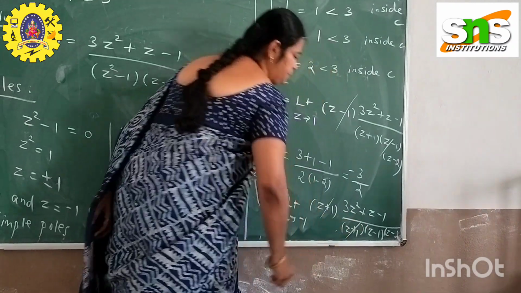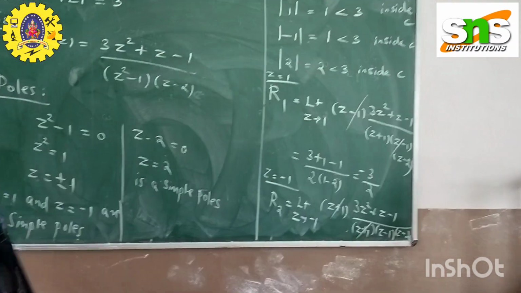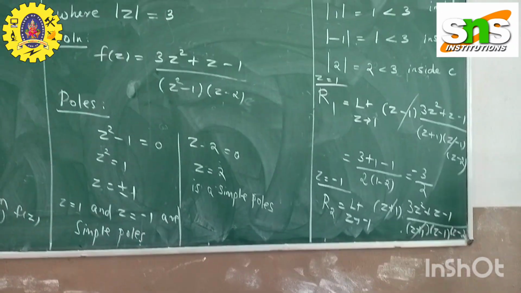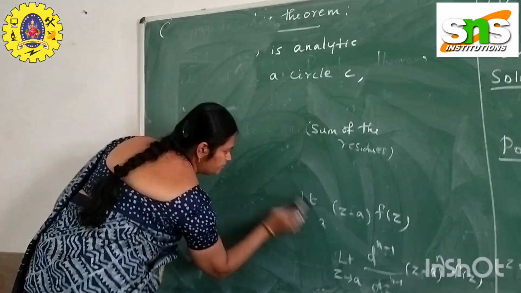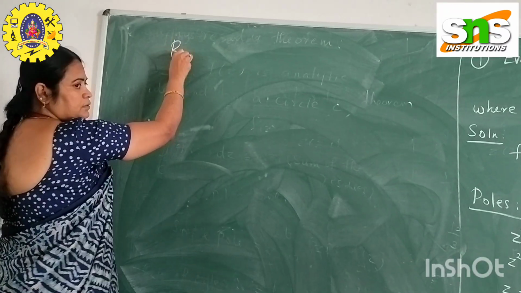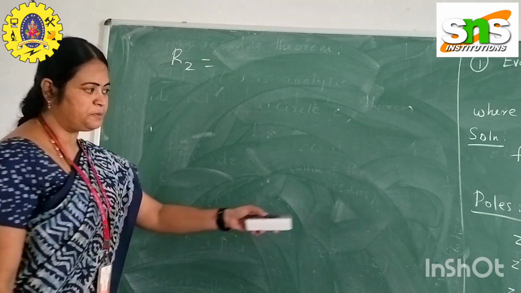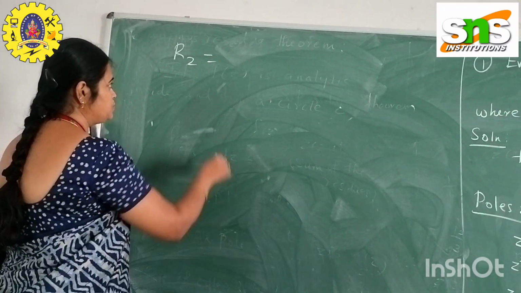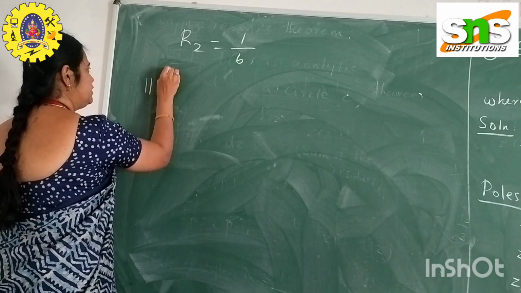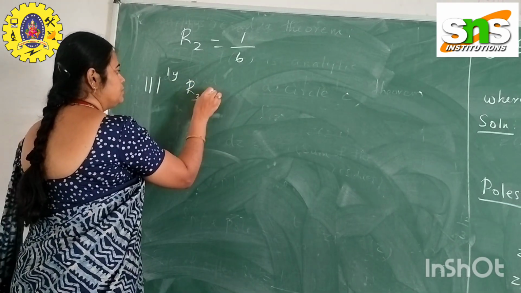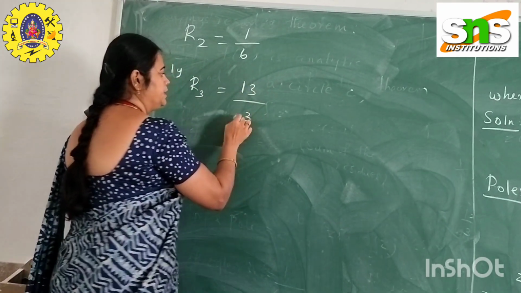Here z plus 1 cancels. When you substitute z equal to minus 1, you get R2 equal to 1 by 6. Similarly, we can do R3. The value of R3 is 13 by 3.